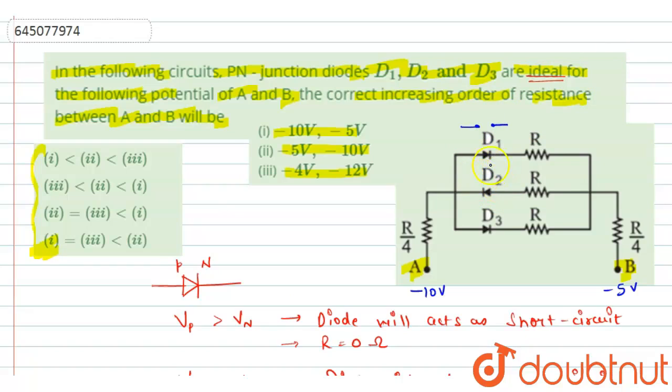Next we have D2. D2 is connected in the reverse order to that of D1. So since D1 is turned off, D2 will be turned on, because in this case this is minus 5 volts, this is minus 10 volts, and Vp is greater than Vn.